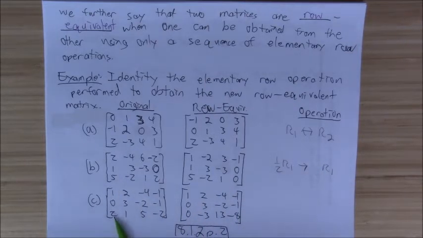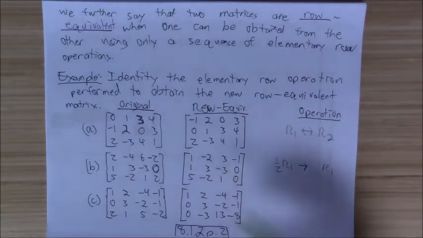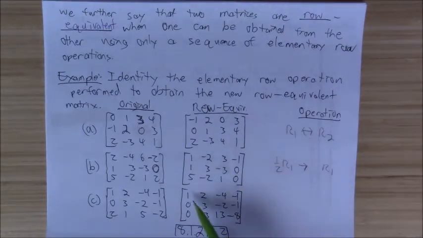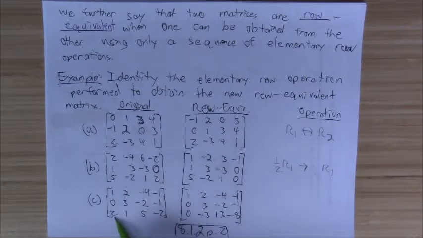The only way to go to 0 from 2 is to multiply by 0, but if we had multiplied the whole row by 0, this 1 would have become a 0, and all of these would have been 0. So that can't be right. So it must be the third operation. We must have added a multiple of one row to this row. The only one we possibly could have used is the top row to get rid of that 2.